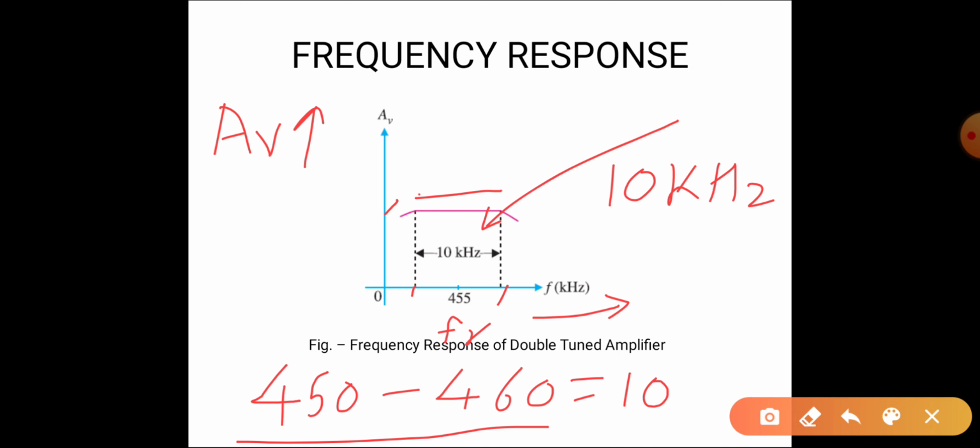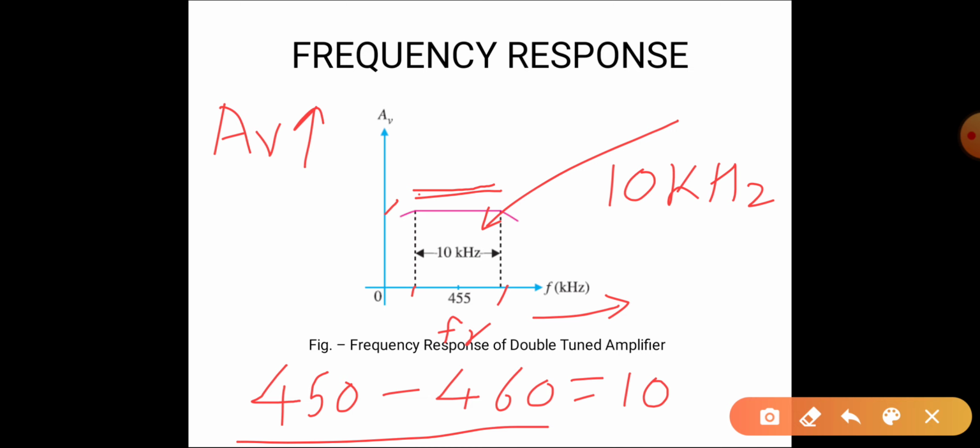So this is the bandwidth. See here, the only difference between a single tuned amplifier and a double tuned amplifier is this flatter frequency response. The frequency response is flat, which means the bandwidth is slightly more. This bandwidth is not the same as that of an audio amplifier, because the audio amplifier has very high bandwidth, ranging from 20 hertz to 20 kilohertz, or you can say 50 kilohertz also.